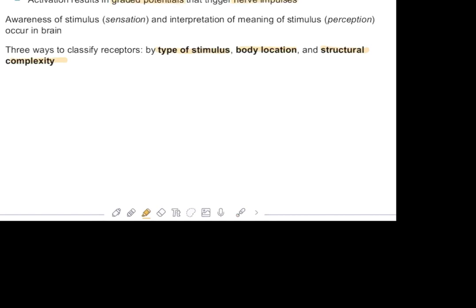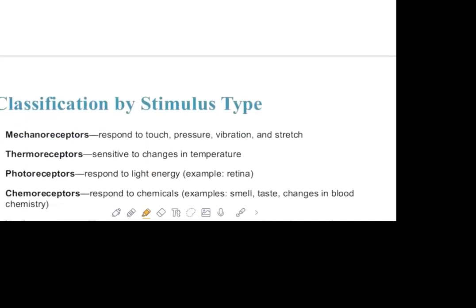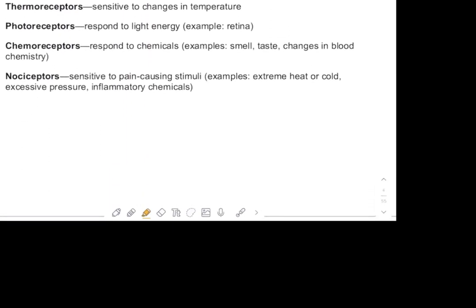So there's awareness of the stimulus or sensation and interpretation of that stimulus called perception, which occurs in the brain.